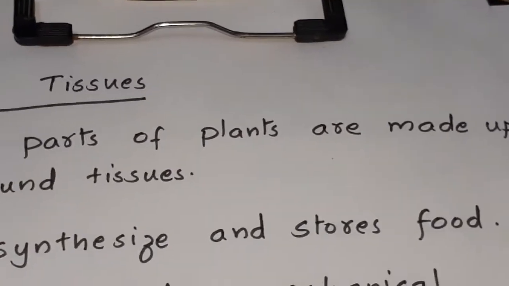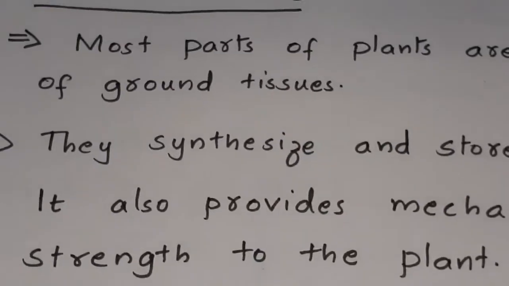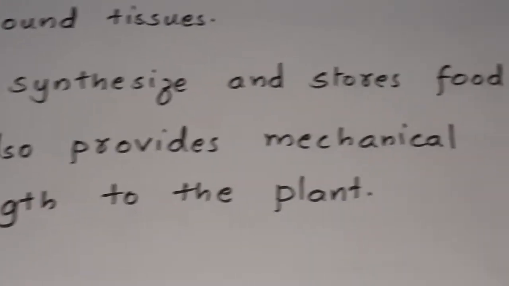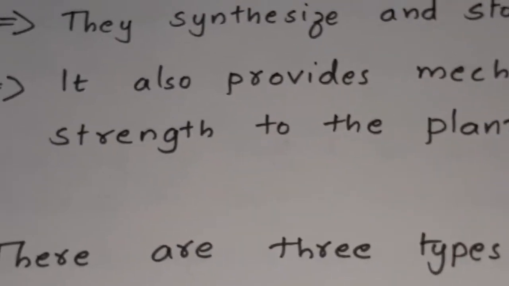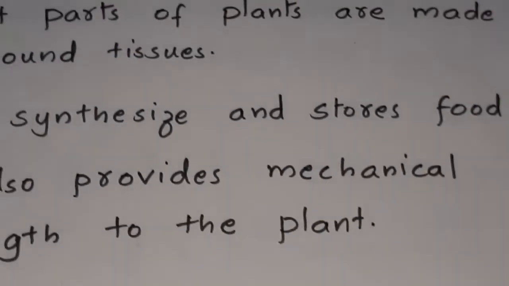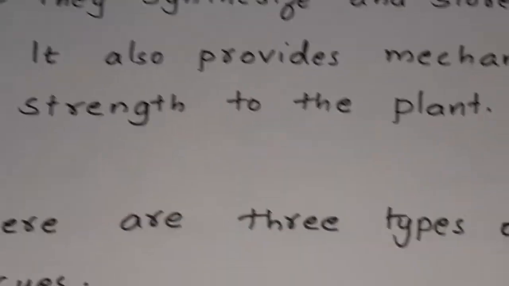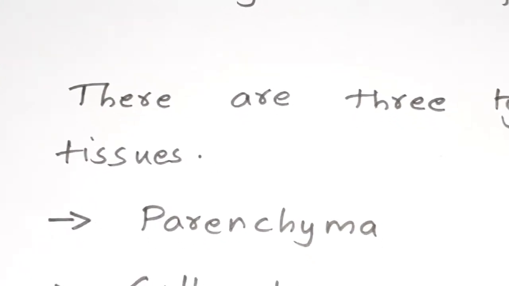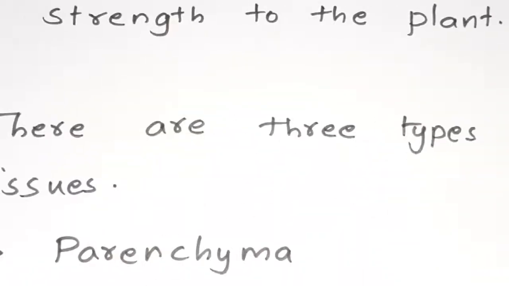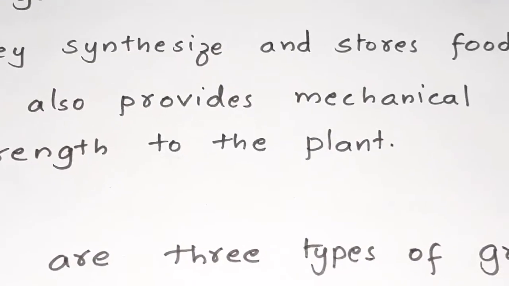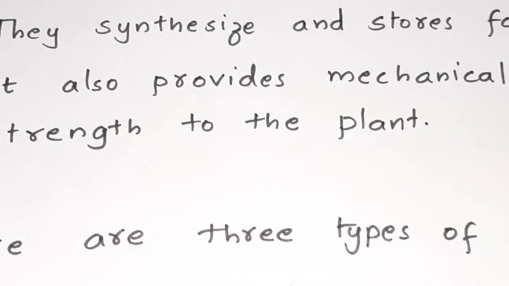Third, the ground tissue also provides mechanical support or mechanical strength to the plant. So three main functions: first, they are found in every part of the plant; then they synthesize, produce food, and store food; and they provide mechanical strength to the plant.